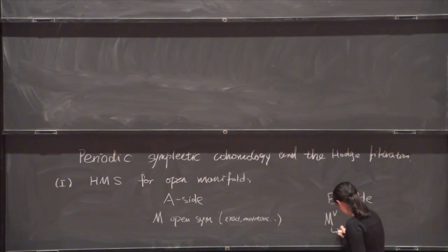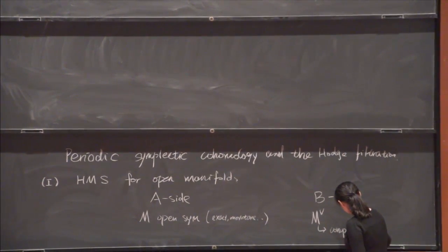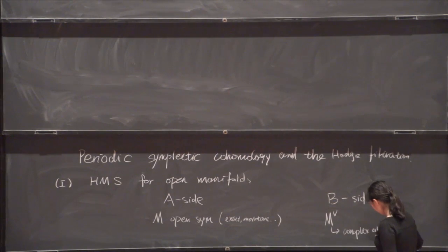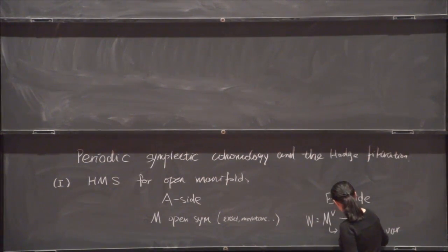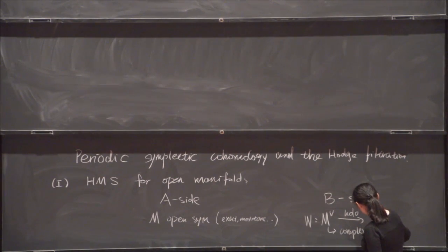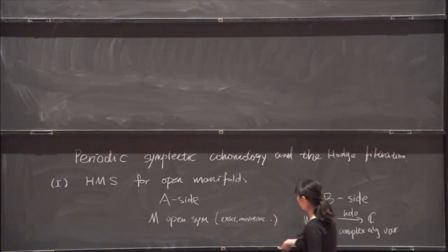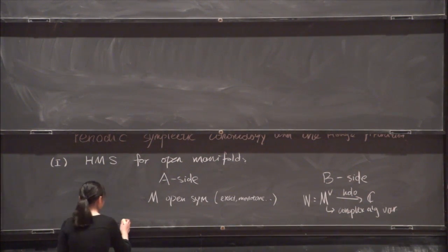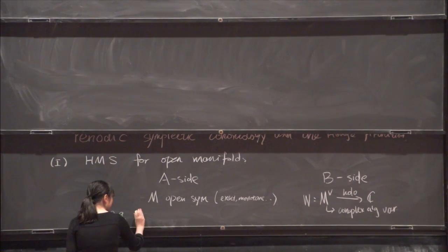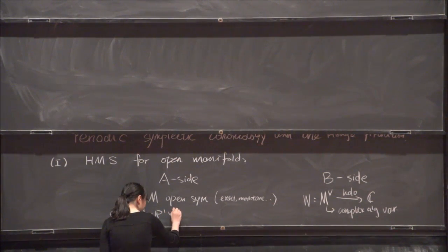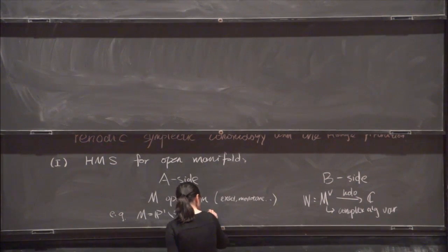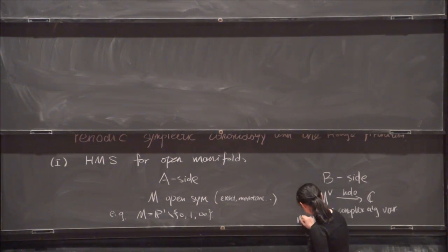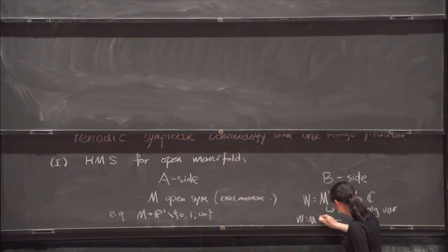This is usually a complex algebraic variety, and the Landau-Ginzburg model is given by a regular or holomorphic function to C. If you want a tiny example in mind, you can take M to be P1 minus a pair of points, and M check will be C star to the third, with the superpotential given by XYZ.